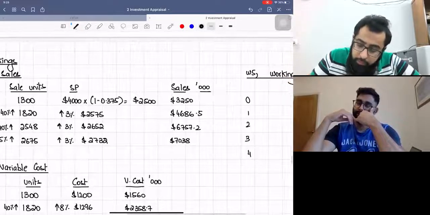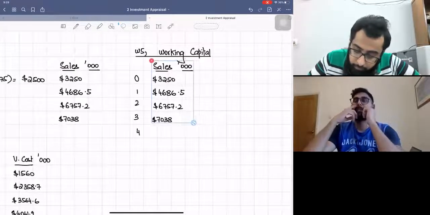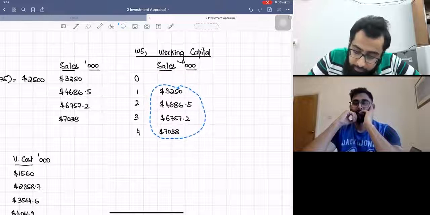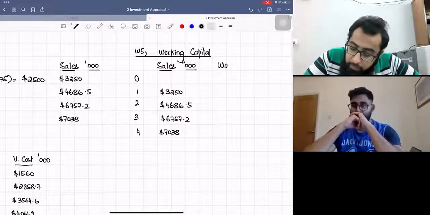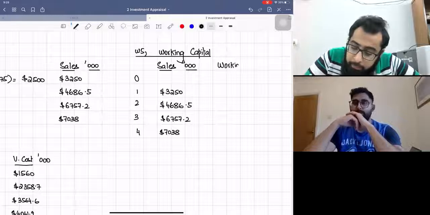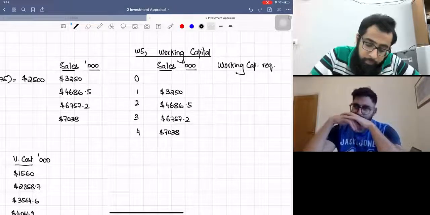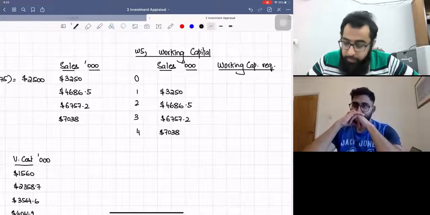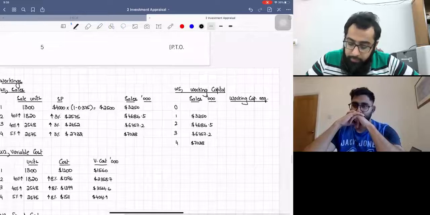So I will simply copy and paste it here. Now this is my sales revenue. Now working capital required is 15%.